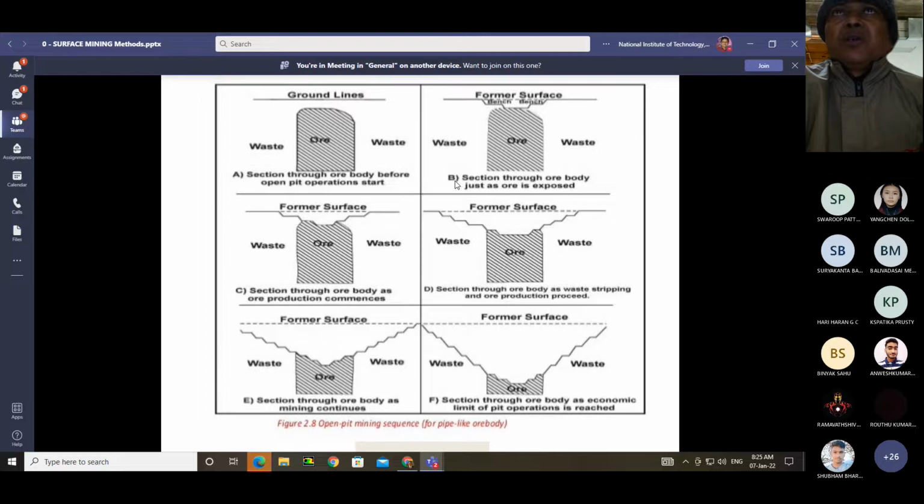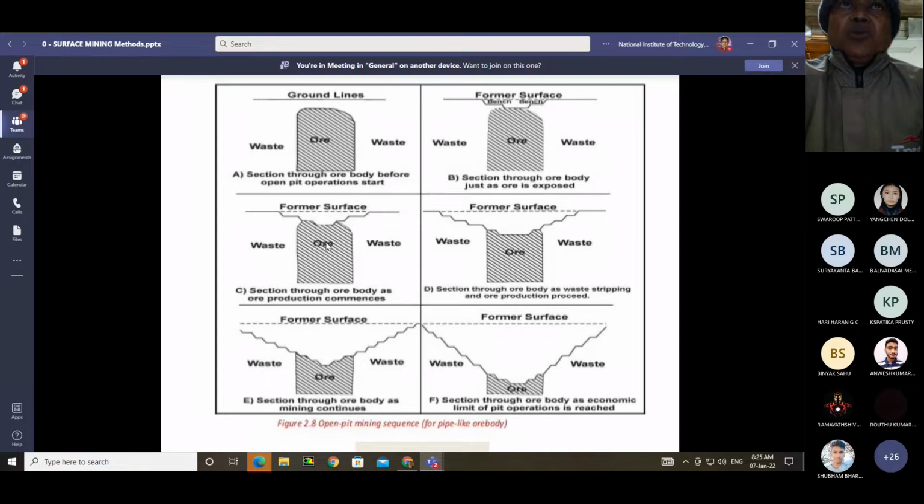So this section B through ore body is just as ore is exposed. After removing this surface overburden material, you have reached the ore deposit. Then here you have attacked the ore body in section C, as ore production commences.